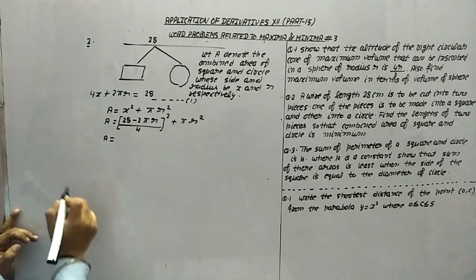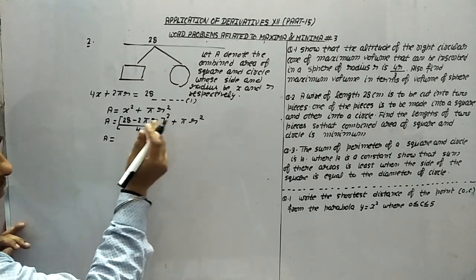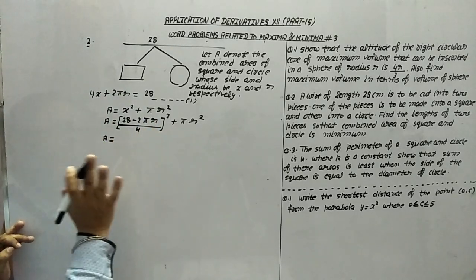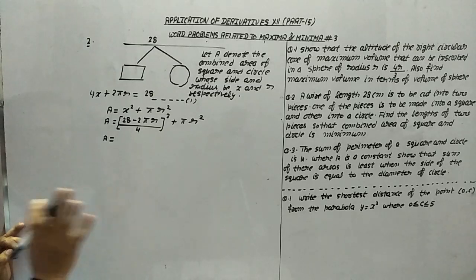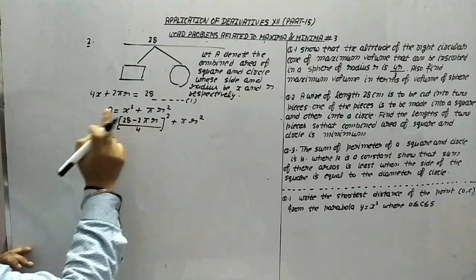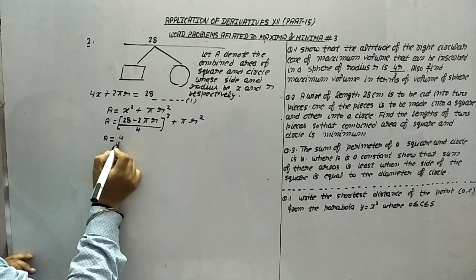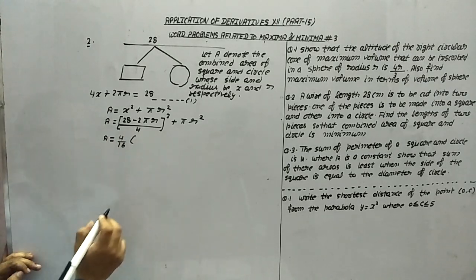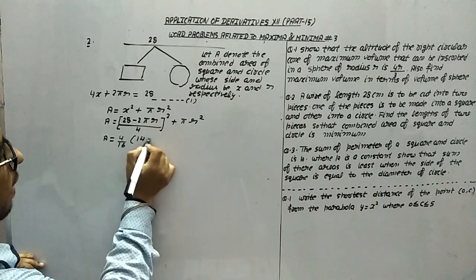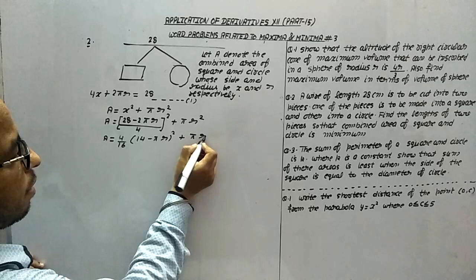Now we will do the differentiation. Before this, if anything is common, we can take it. So what is common? We are observing 2 is common. When it comes out of the square, it will come 4. 4 upon 16 is common. So this becomes (14 minus pi r) whole square plus pi r square.